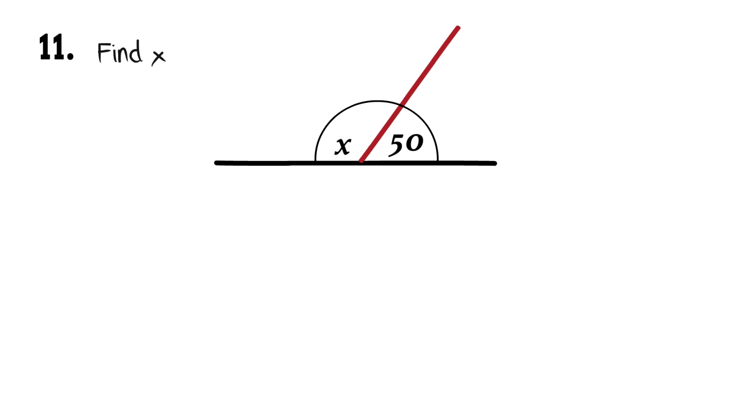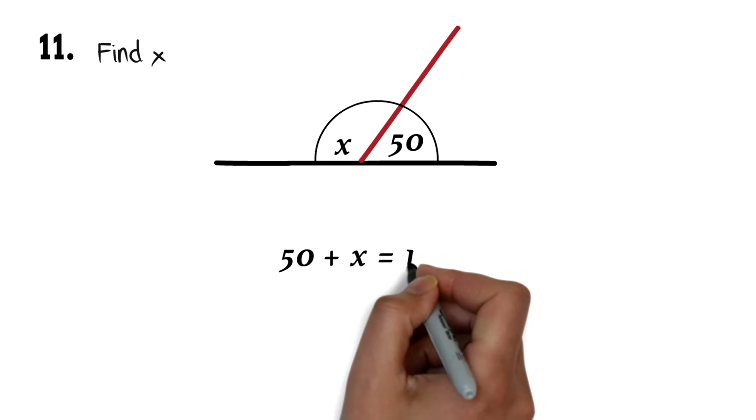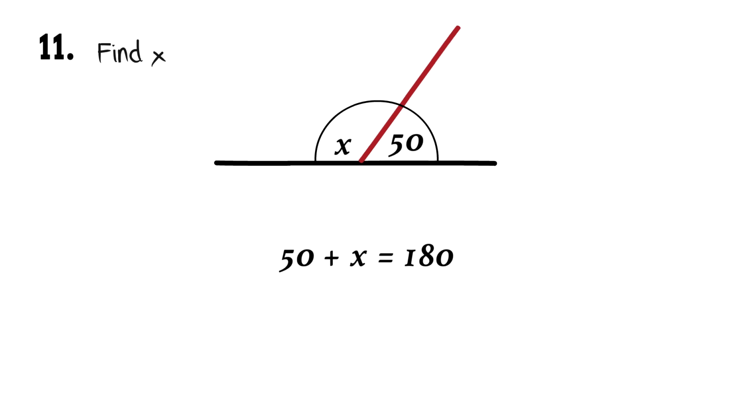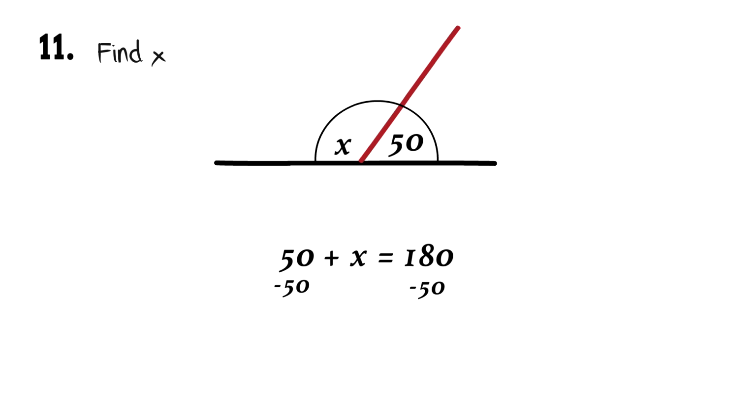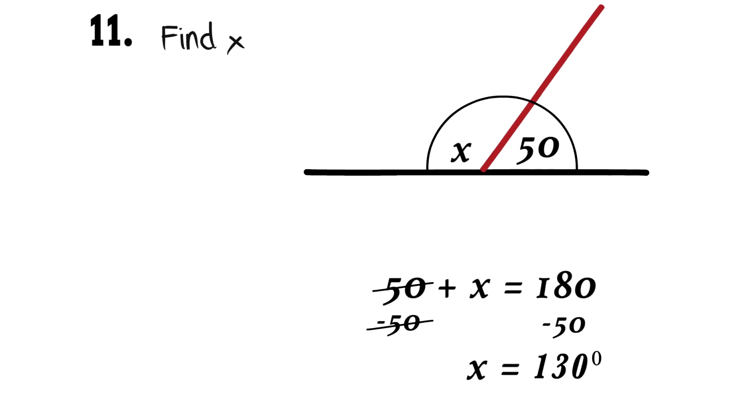That means if you add 50 to x, you will get 180. We can solve for x now. One-step equation. Since the 50 is adding, we will do the opposite operation on it. So we will subtract 50 from both sides. This will cancel out. 180 minus 50 is 130. Therefore, x is 130 degrees.